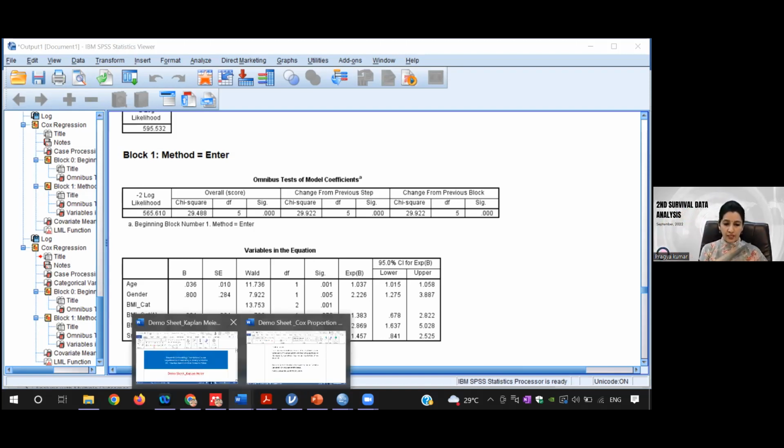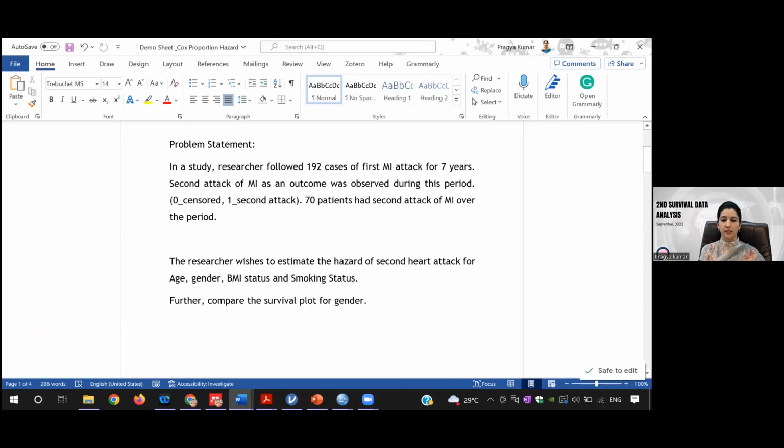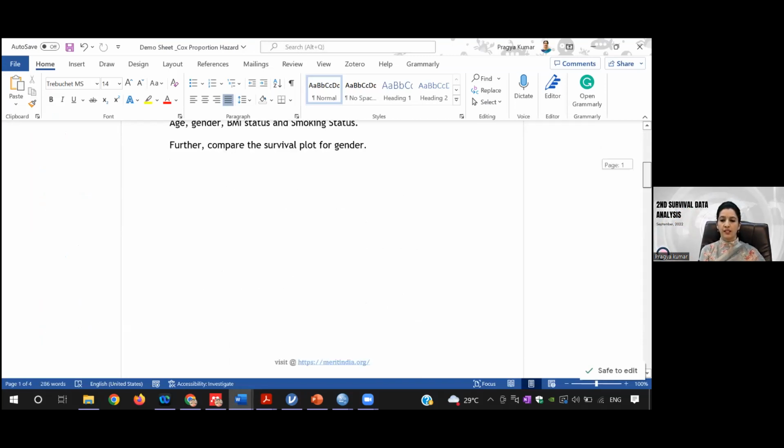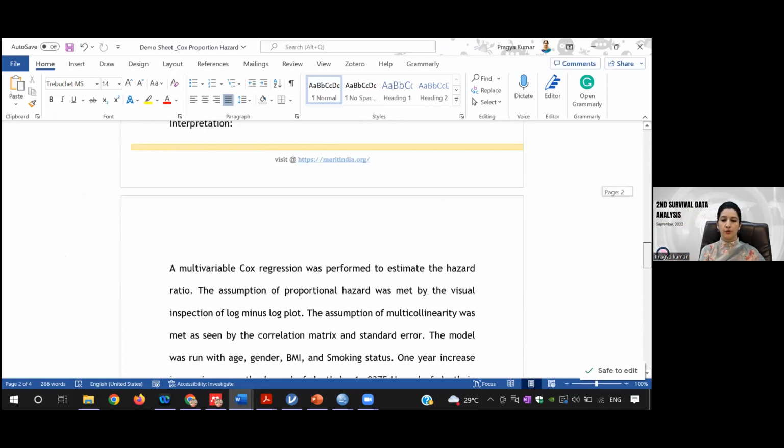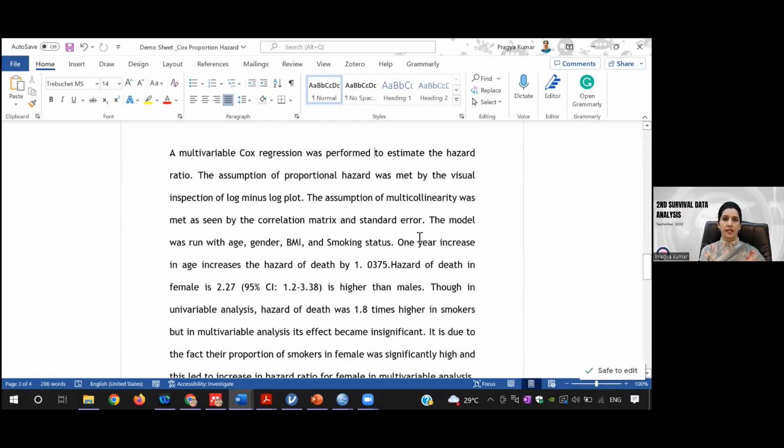Before that, I want to show you how to write it, because I think we missed that. Here you can see the crude and adjusted hazard ratio. If you go down, this is the write-up: a multivariable Cox regression was performed to estimate the hazard ratio. The assumption of proportional hazard was met by visual inspection of the log minus log plot. For multicollinearity, I have written the correlation matrix, but you can write the standard error. The model was run with age, gender, BMI, and smoking.